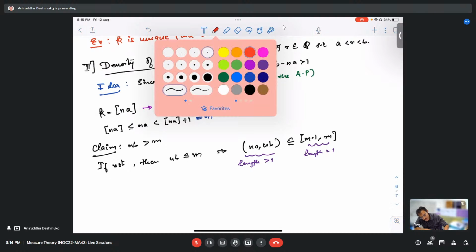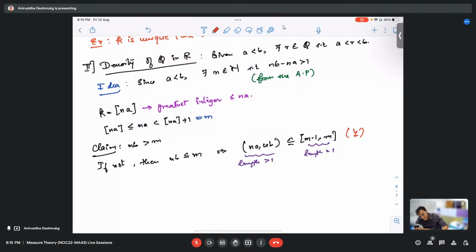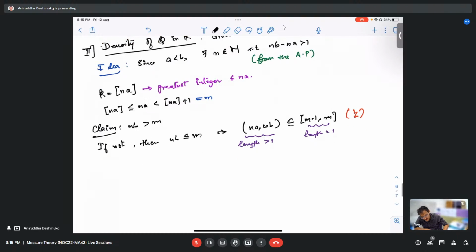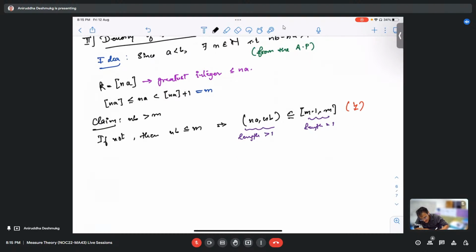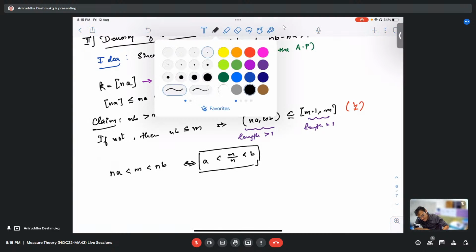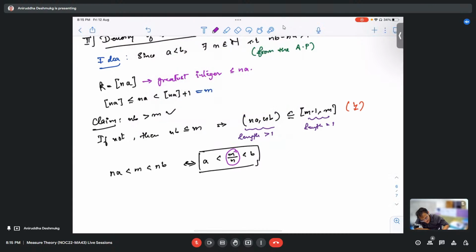So this is absurd. So this claim must be true, that nb is bigger than m. So what I have is na is less than m and this is less than nb. But this is same as saying a is less than m by n is less than b. And this proves the result. So we have found a rational number which is between a and b.